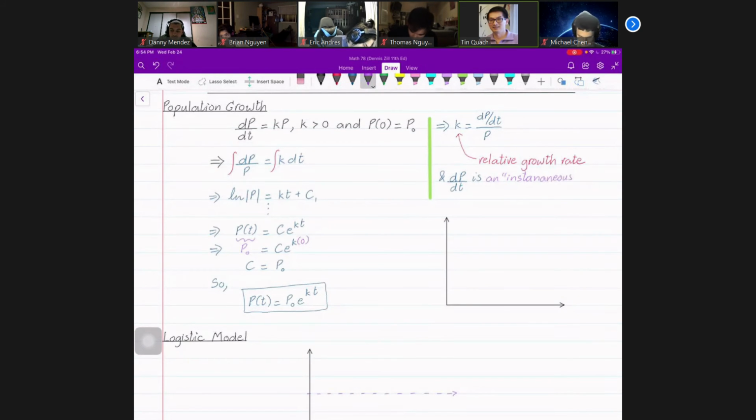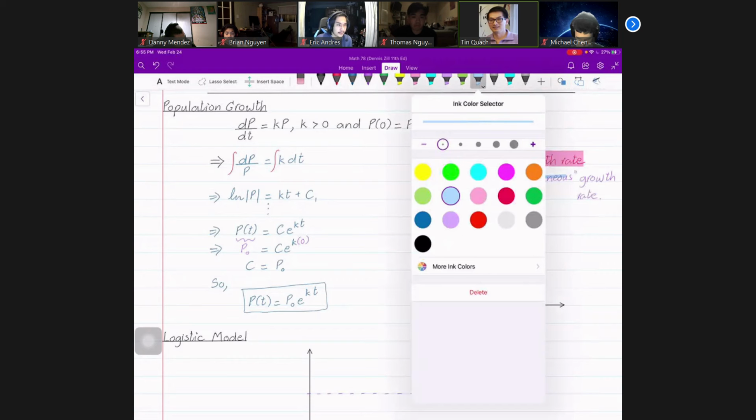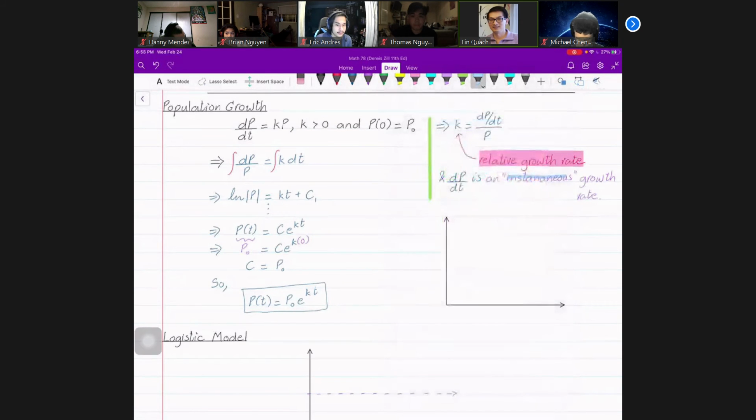So we're talking about relative growth rate and instantaneous growth rate. What is the difference?